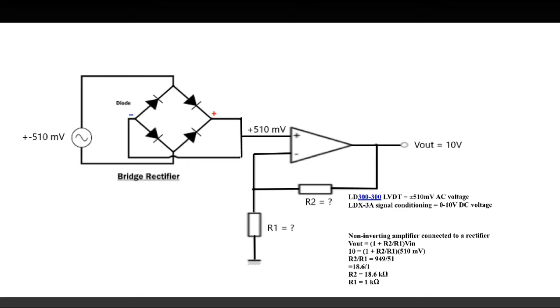In this case, we use a non-inverting amplifier. The formula for this amplifier is output voltage equals 1 plus R2 over R1 multiplied by input voltage. From the calculations, we obtained that R2 equals 18.6 kilo ohms and R1 equals 1 kilo ohm.